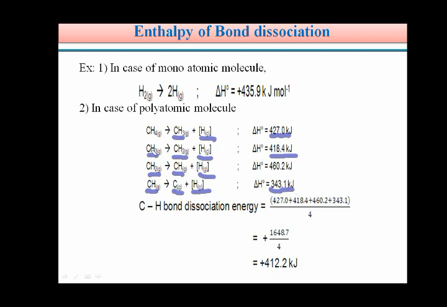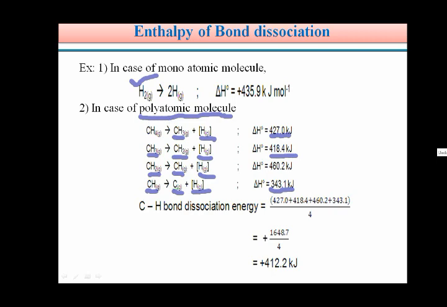Why did I call it a polyatomic molecule? In the earlier molecule, only hydrogen atoms are present, that's why I called it monoatomic. But here one carbon atom and 4 hydrogen atoms are present. So different atoms and more atoms are present. That's why I called it a polyatomic molecule.